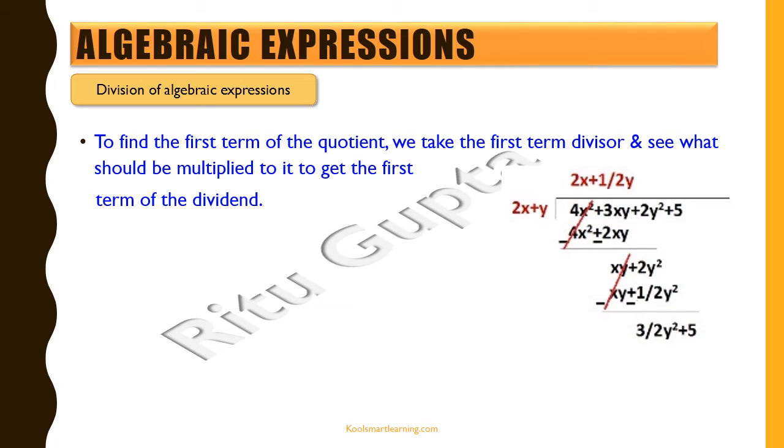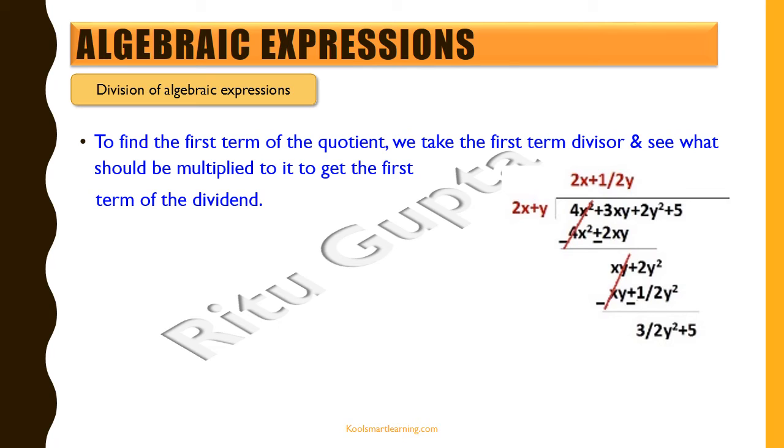So now first of all, before we proceed with this long division method of algebraic expressions, the first thing that we need to understand is that we need to arrange the dividend as well as the divisor polynomial in the decreasing order of the terms. If more than one term have the same degree, then the terms are arranged in decreasing order of the first variable. Say for example, in our case, the dividend here is x square, the first term of degree 2, then 3xy, which is again degree 2, 2y square, which is again degree 2.